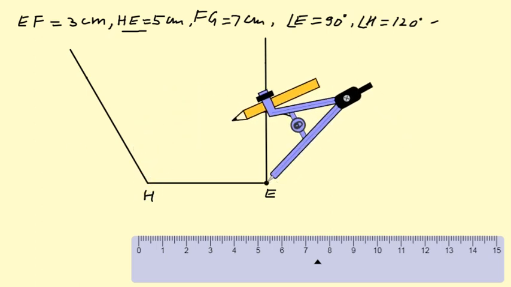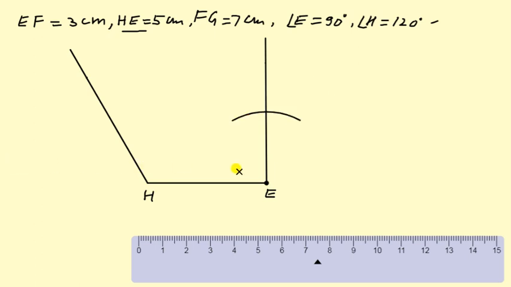Now remove the compass. You can write the name EF. So EF is given as 3 centimeters, so write 3 centimeters. And HE is 5 centimeters.